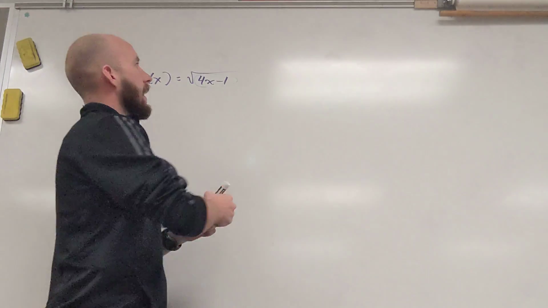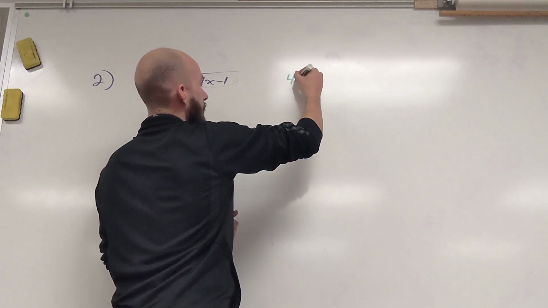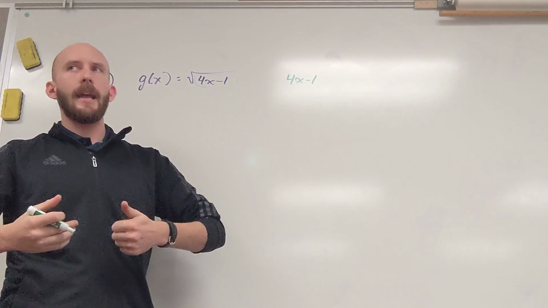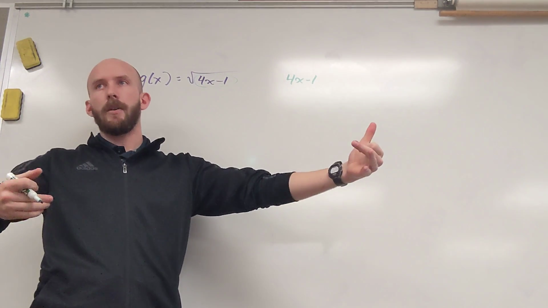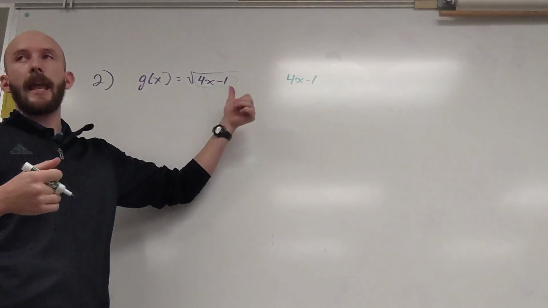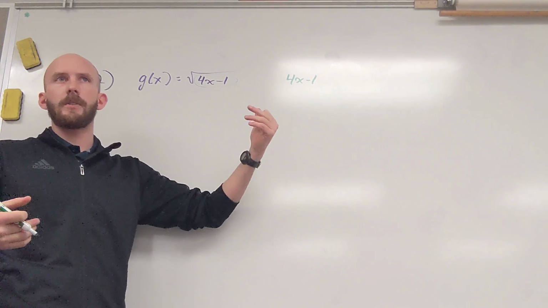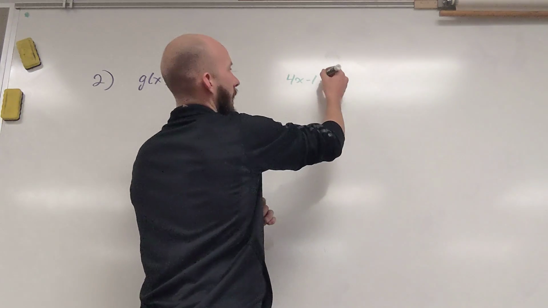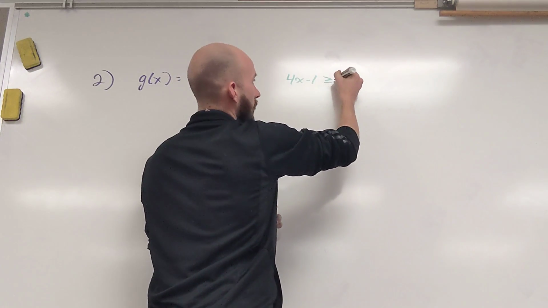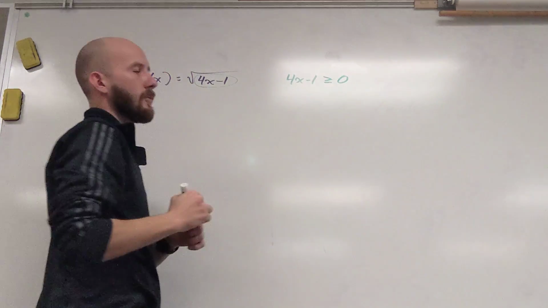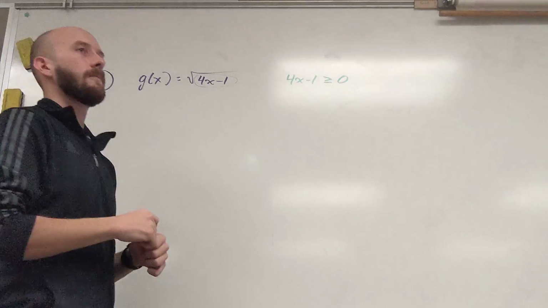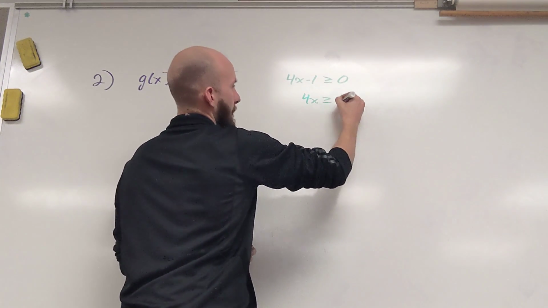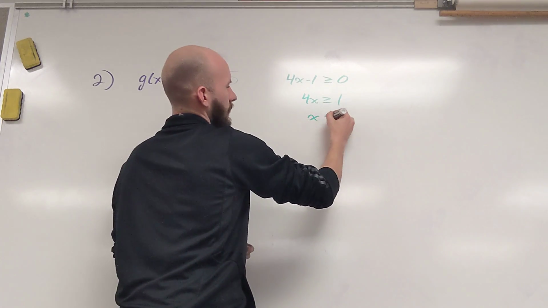It needs to be not negative, so it has to be 0 or greater. The answer to that can be 0, because the square root of 0 is just 0. 0 is okay under a square root. So I need to take this and set it greater than or equal to 0, and then just solve it. Add 1, divide by 4.